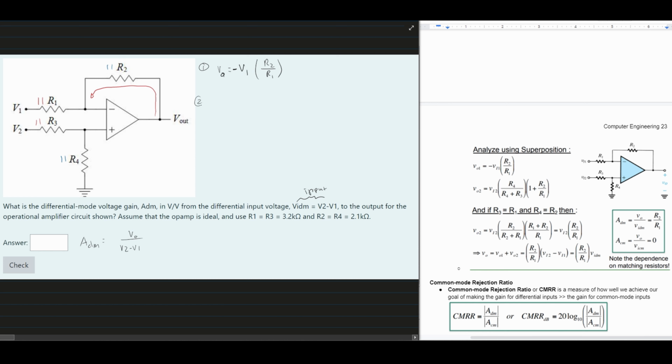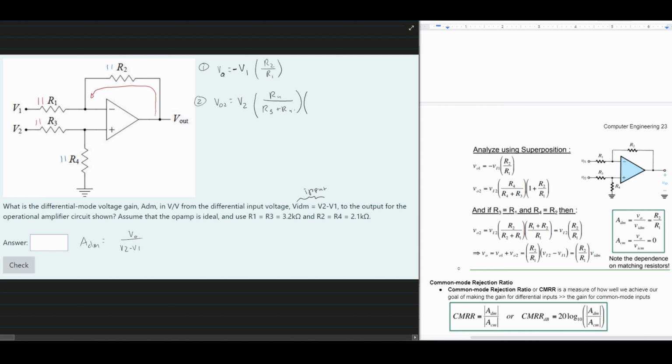Next we're going to have our second part, and for the second part we have our V output 2, and it's equal to the V2, which is just the input. Then in here we are going to have our resistance, the R4, like how we had up there, but in this instance it's R4 over R3 plus R4, or R4 plus R3.